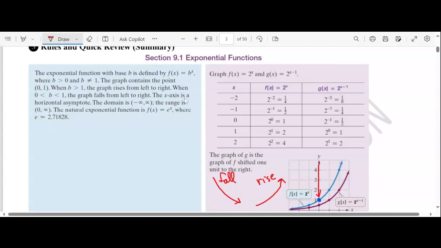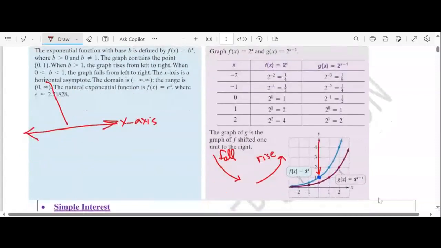The x-axis is the horizontal asymptote. What does horizontal mean? Horizontal like this, because that's the x-axis, right? What does asymptote mean? It means it doesn't touch it. Look at the graph here.